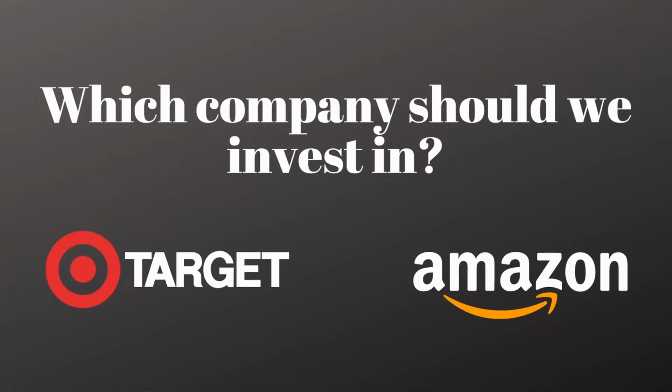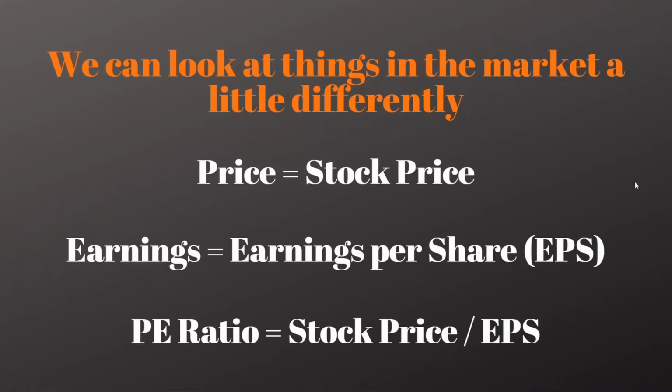Amazon's one of the biggest companies in the world. Target, even though it's not nearly as big as Amazon, we all know these two companies. So what we're going to do is for price, we're going to look at their stock price. For earnings, we're going to look at something called earnings per share or EPS. So its PE ratio is going to be stock price divided by EPS.